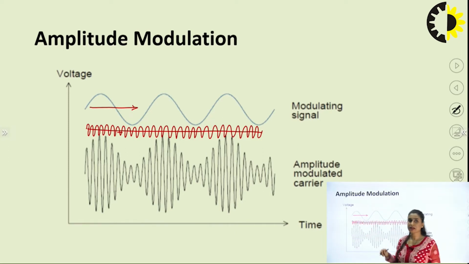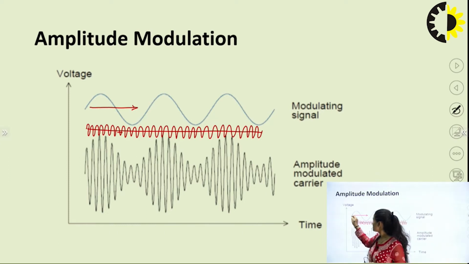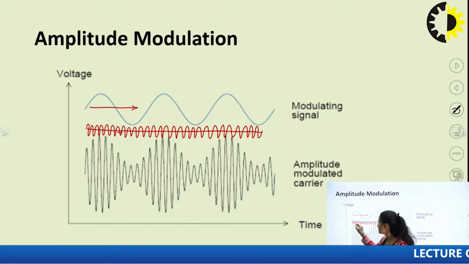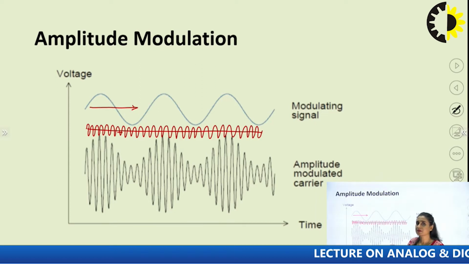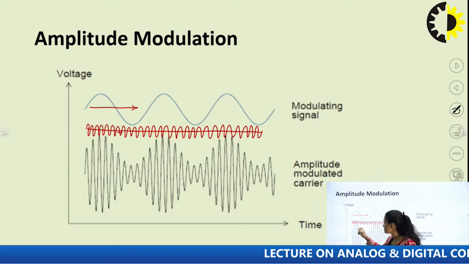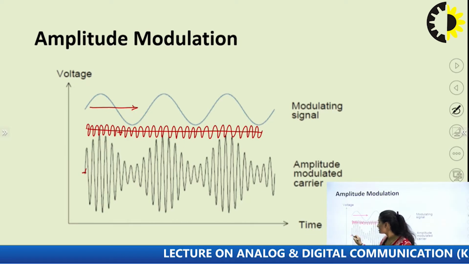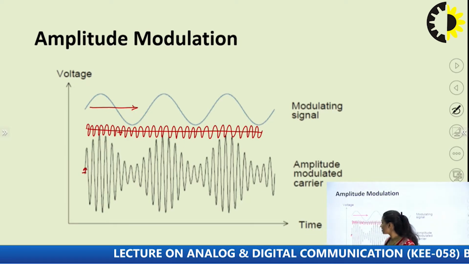considering my message signal as the voltage signal, the amplitude of this carrier will be varying. And how does it vary? We see that this is a continuous wave and the amplitude is continuously rising. As the amplitude is continuously rising, the amplitude of this carrier wave will also be continuously rising, keeping its phase and frequency constant. Like it starts from 0, rising, rising, okay.